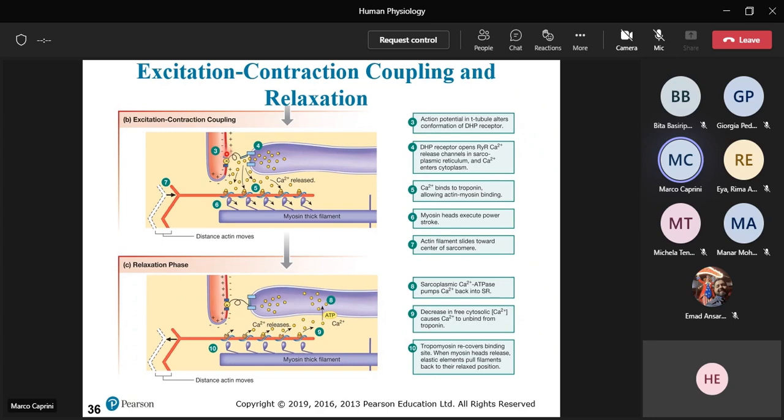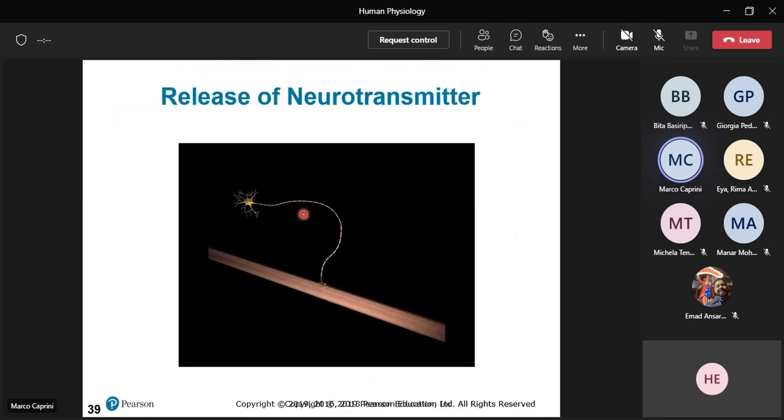They open a gate, the ryanodine receptor, a gate in the sarcoplasmic reticulum, and the calcium moves out of the reticulum. Calcium binds to the troponin, moves the tropomyosin, and allows the power stroke of the muscle. Okay?